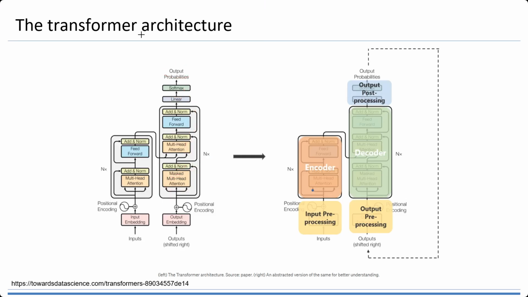So if you look at the architecture of the transformer, they apply the attention, and they apply the neural network. They apply the attention again. So the attention mechanism is the basis for the transformer.